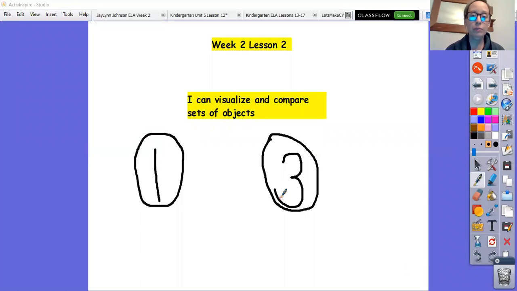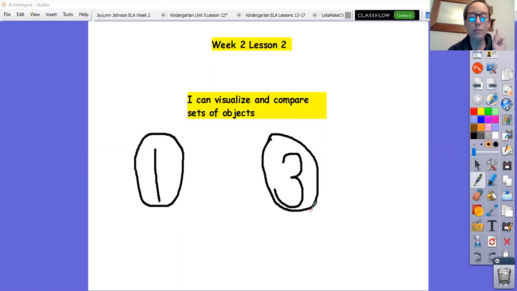Now if I was just looking at these, I can compare them, right? So would you rather have 1 cookie or 3 cookies? Okay, so that's kind of what it's asking. It's asking you to compare which one is more, which one is less.